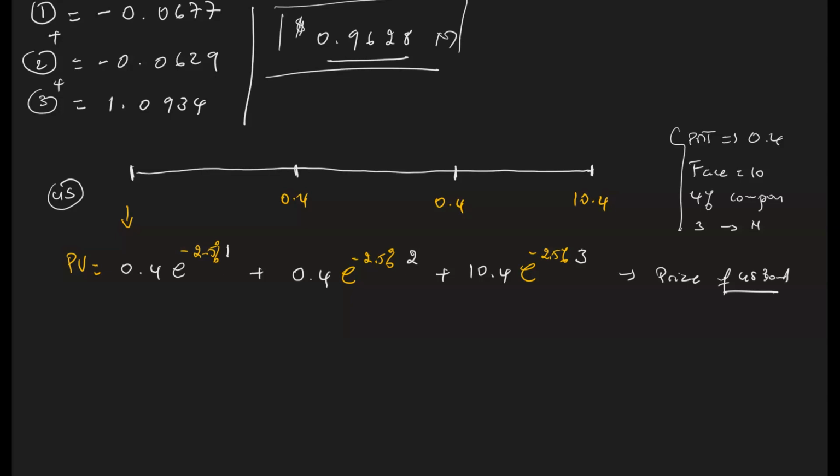Now, if you use your financial calculator to do this, you will not get the same answer, because your financial calculator assumes periodic compounding, annual compounding, for example. But here we're using continuously compounded interest rates, so we have to use these exponential functions. Alright, so that's going to be the price of the US bond.